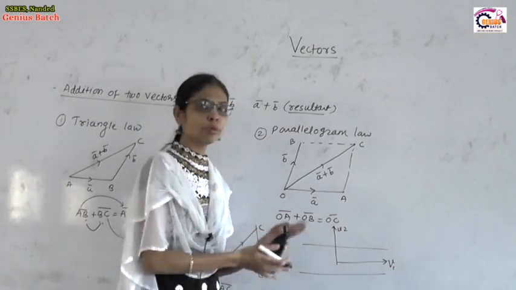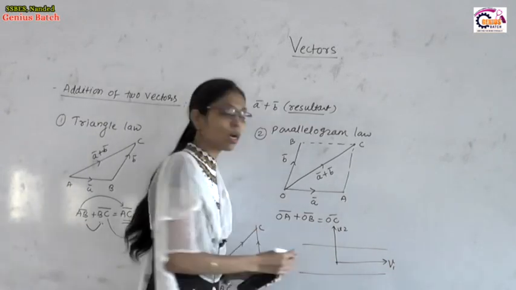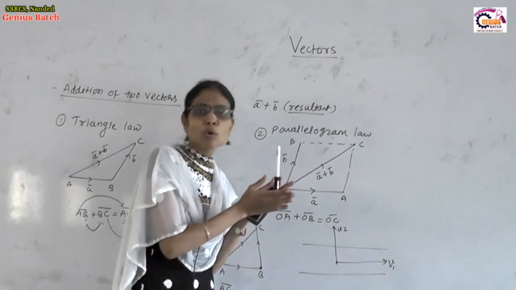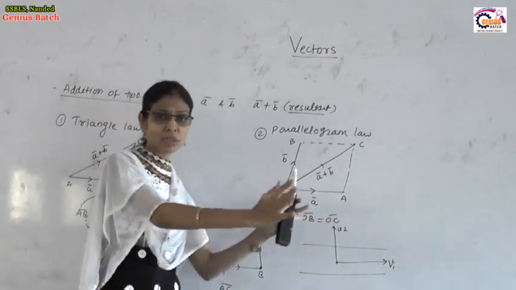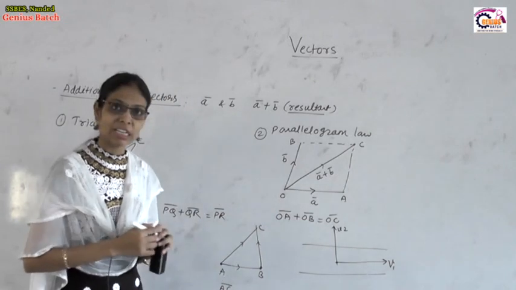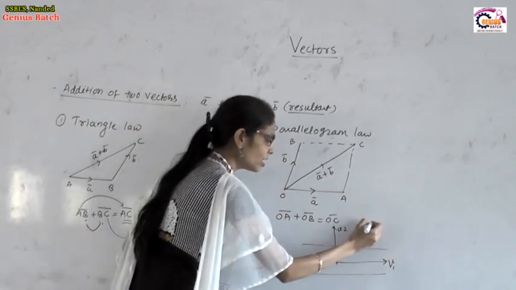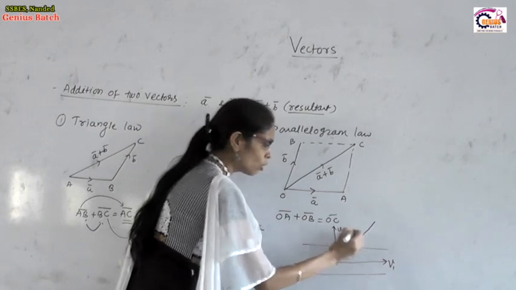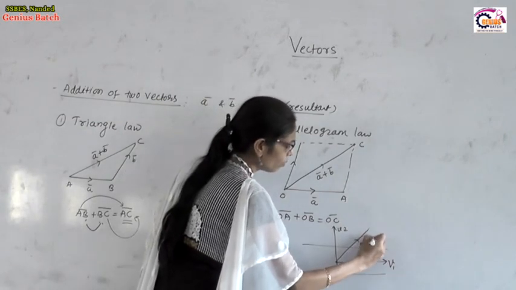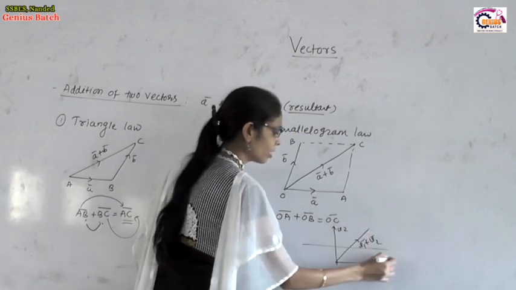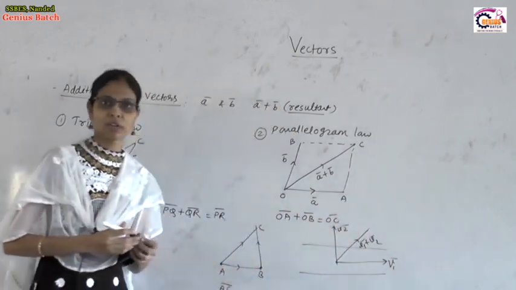Now here you can see these two are co-initial vectors and both the vectors are acting simultaneously. At a time both the vectors are acting. So in such a case, the resultant vector will lie along the diagonal of the parallelogram. So this is vector v1 plus vector v2.